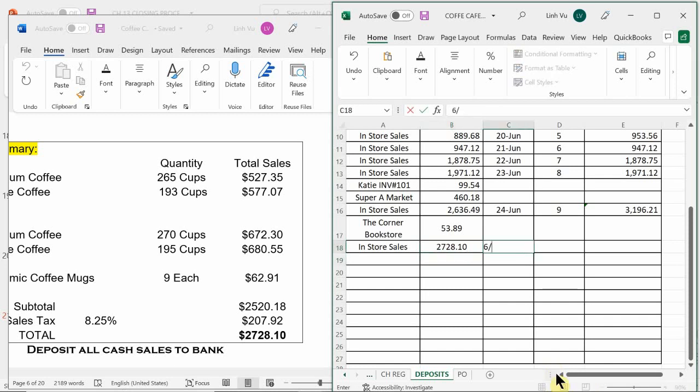So today is the 25th. I am going to make my 10th deposit, and this is going to include my in-store sales and that check that the corner bookstore has given me, for a grand total of $2,781.99 that I have deposited that day.